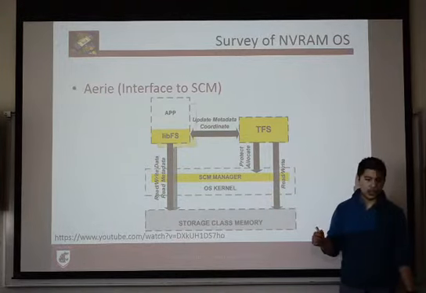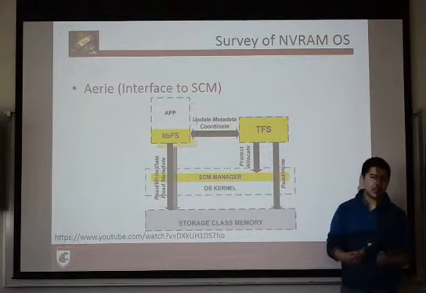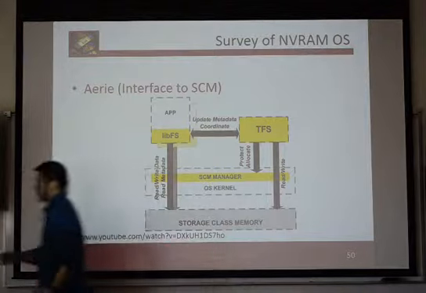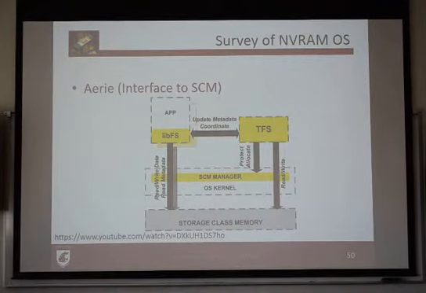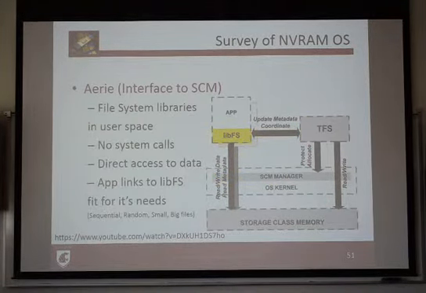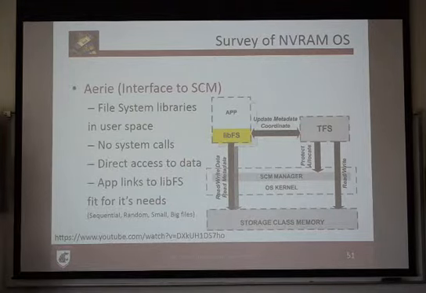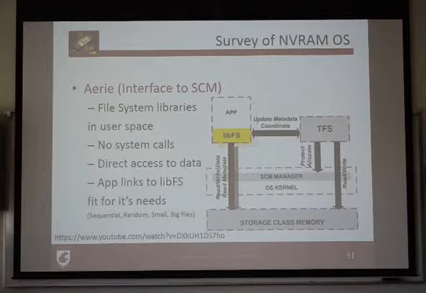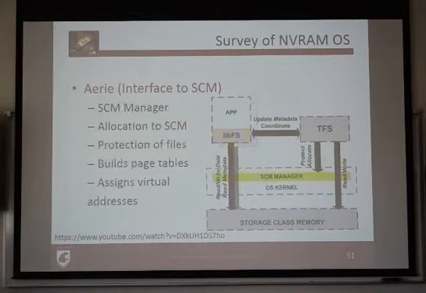So the program itself can't do malicious things like putting the same name of a file in the same directory. So that'd be bad. So that's what this is used for. So, like I said, they believe the library file system should be in user space because there's no need for system calls. You have direct access to data, and you can have a specialized file system for what your program needs.